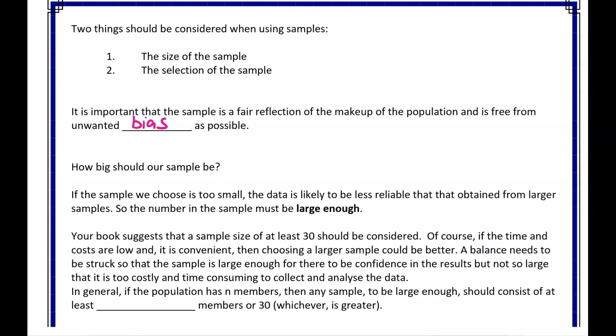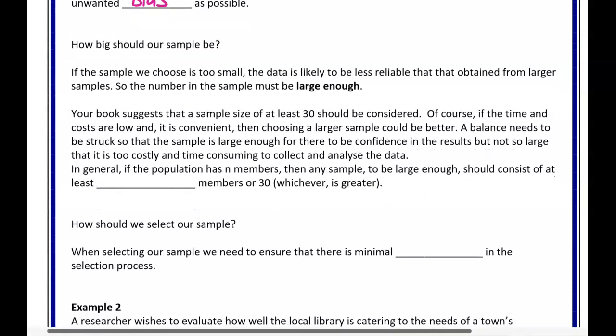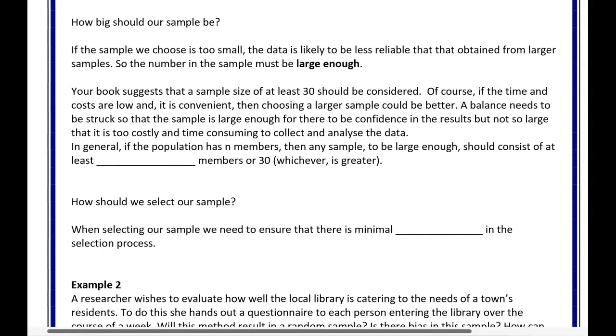So yesterday we did all those definitions about the different sampling techniques that could be used. Today we're going to focus on just a few, the ones that reduce bias. So we don't do much with convenience sampling or self-selection, because that is full of bias. We look at samples which reduce bias as much as possible. The sample does need to be large enough.